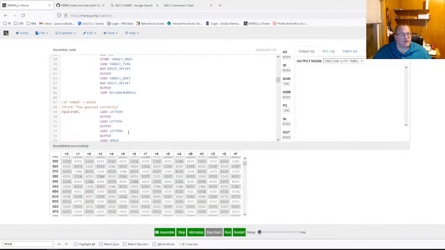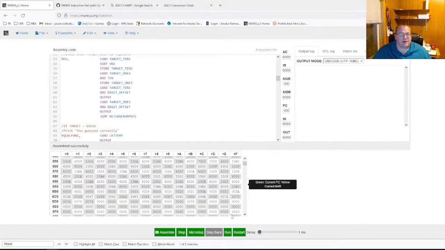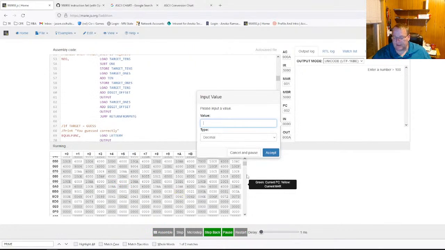What I want to do, all right, run this. So 555, 61. All right, so see now it put a 3 there and then 2 equal signs.